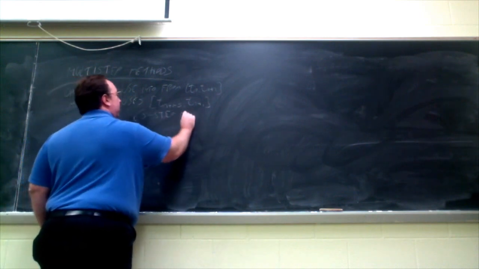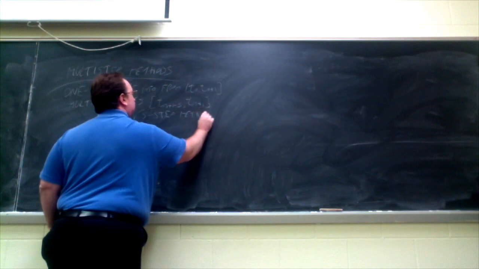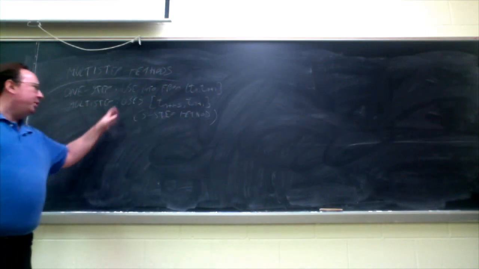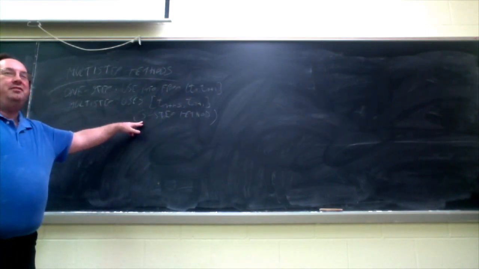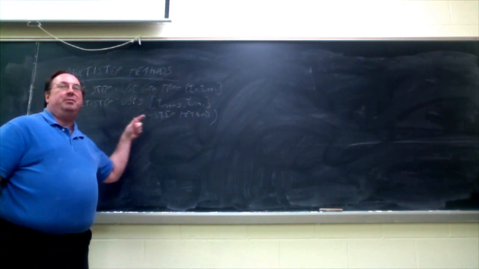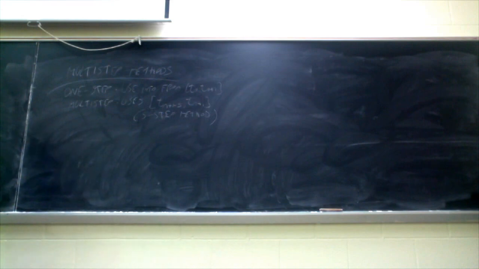I'm going to use a parameter s throughout to refer to the number of steps. In fact, if I have a multi-step method where s equals 1, that is a one-step method again, and these two expressions become exactly the same. Of course, we care about the cases where s is greater than 1.